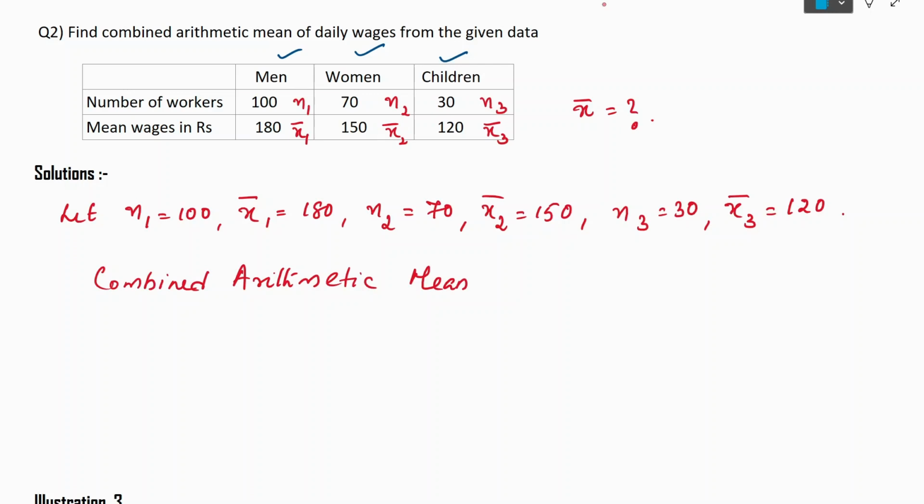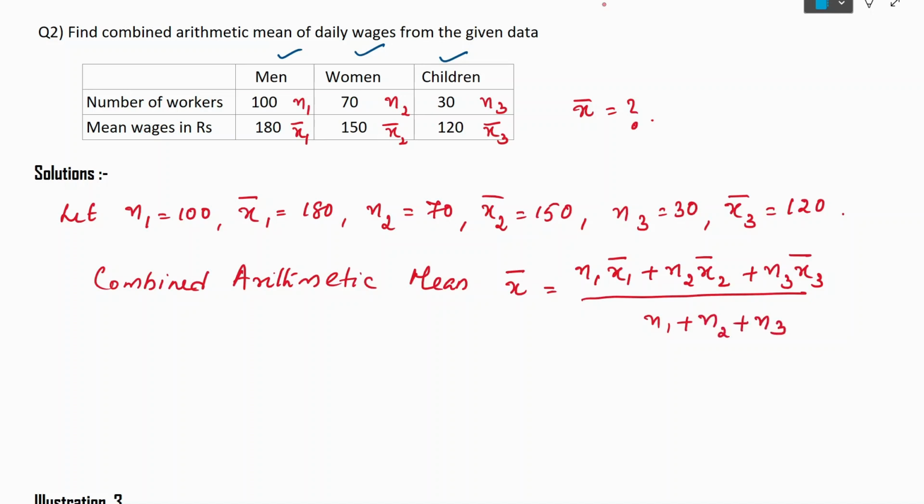Now this is for 3 groups, N1, N2, N3. According to that, the formula changes to X bar equal to N1 X1 bar plus N2 X2 bar plus N3 X3 bar, whole divided by N1 plus N2 plus N3.